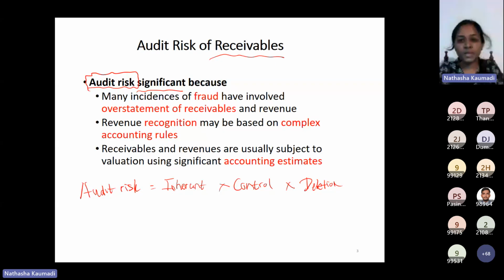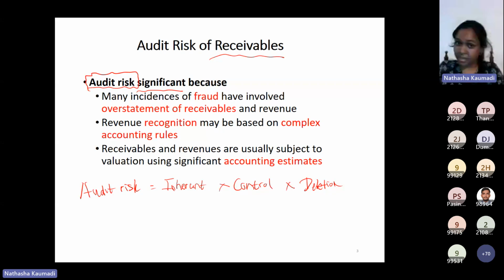So when the revenue is increased, as per the double entry system, there's a direct impact on trade receivables as well. When the revenue is overstated, trade receivable balances are also overstated. That's why these two captions are very risky. Now, most of the organizations, if they want to do a fraud, the most famous caption would be revenue.